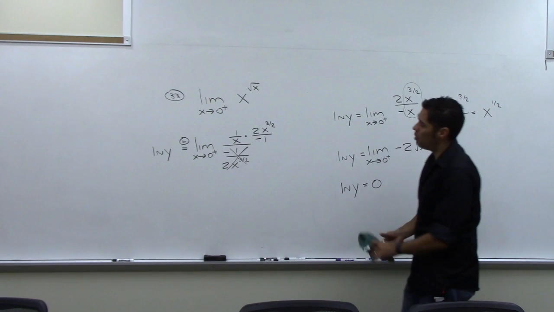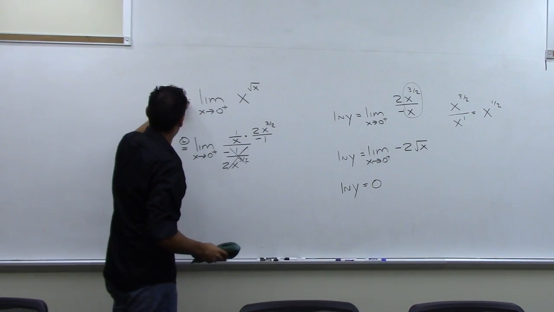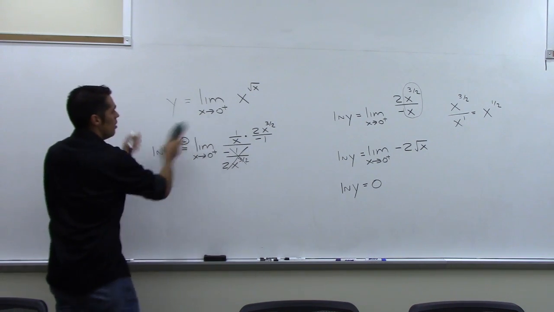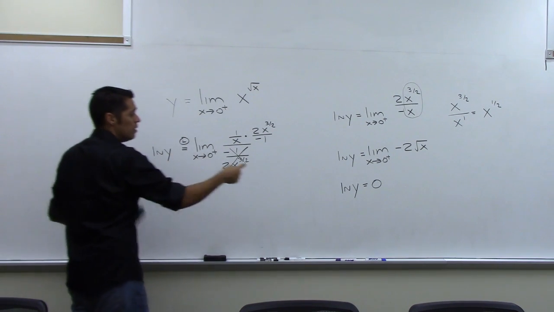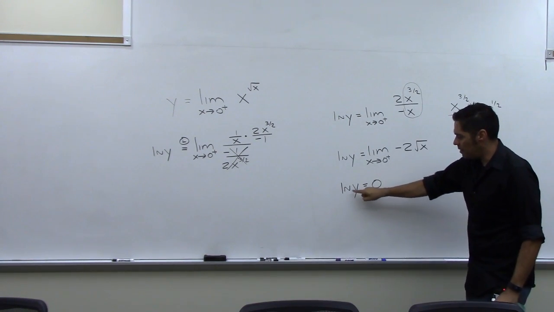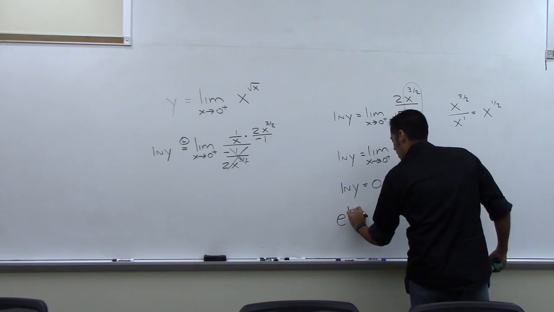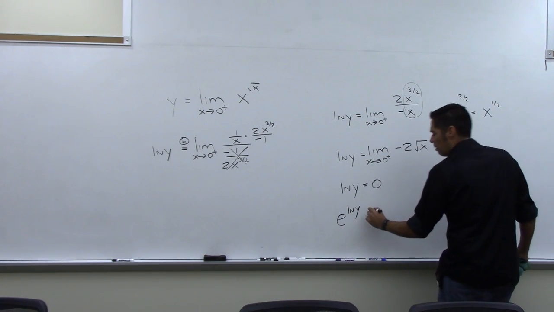Remember, in the very beginning of the problem, we said, hey, let's call this something, and we called it y, and then we came in with the natural log. So we want to know what y is. We know that natural log of y is 0, so to get y out of the natural log, we're going to use the inverse of natural log, which is e. We're going to take e and raise it to the natural log of y.